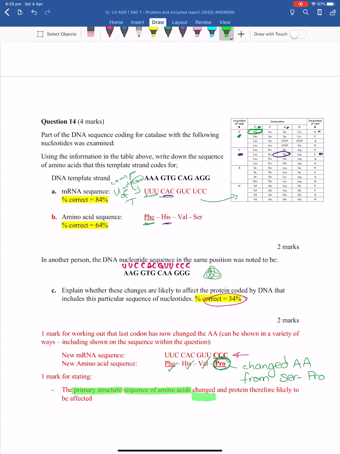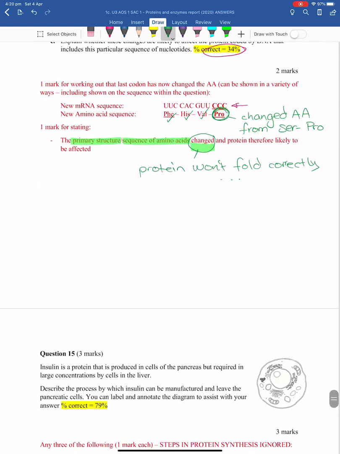Now, because it's changed, therefore your protein is not likely to function. Due to change, you could say protein won't fold correctly or might not fold correctly. There's a whole bunch of different ways you could say this, but essentially that's what I was looking for.